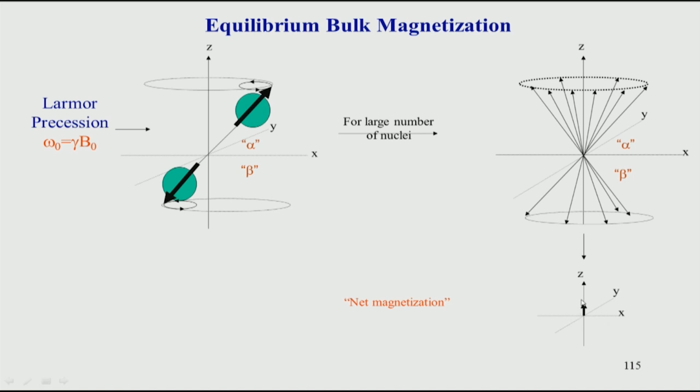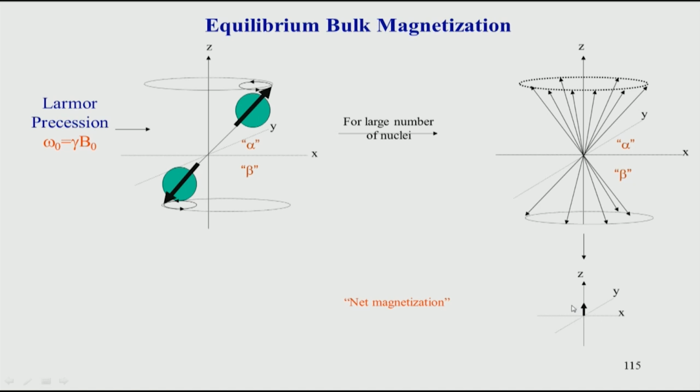Remember, this is nothing but a difference coming from the population in the lower state minus the upper state. The lower state is the upside which is alpha, the upper state is shown here as beta, and this difference in population contributes to this. Therefore, if the populations are equal, then this will be 0, because then everything will cancel in all directions.